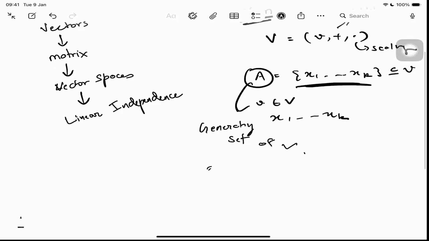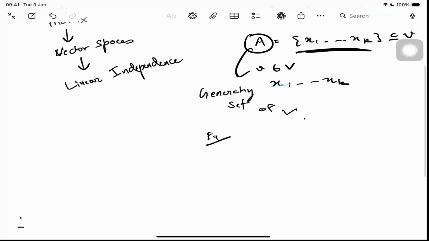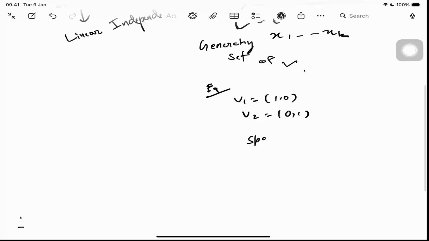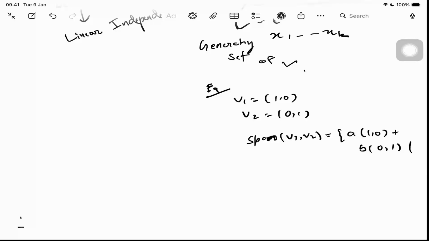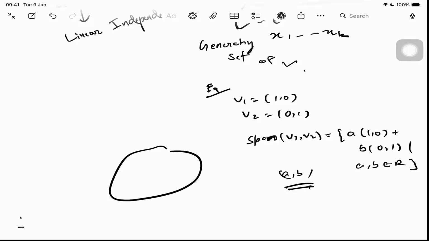To give you an example, suppose v1 equals (1, 0) and v2 equals (0, 1). Then the span of v1 and v2 will be written as a(1, 0) + b(0, 1), where a and b belong to R. This gives every vector (a, b) in the plane, so their span is the entire 2D plane.